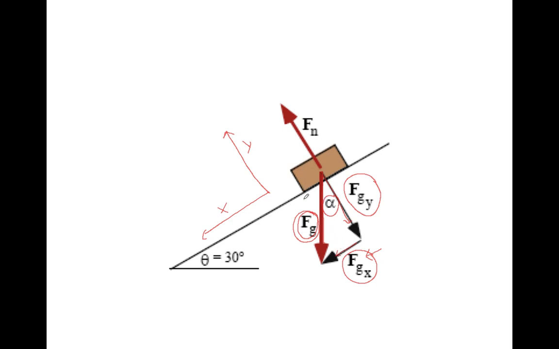So the force of gravity breaks down into two parts. One part pulls the block down the ramp, and the other pushes the block against the surface of the inclined plane. Okay?